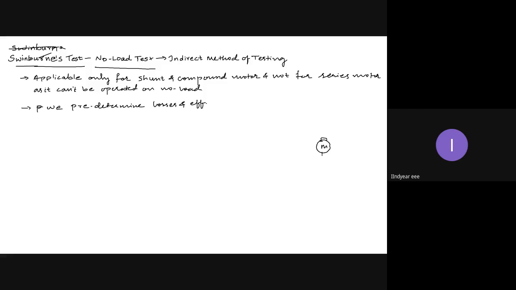Motor. The circuit diagrams I am drawing are exactly like in the manual.